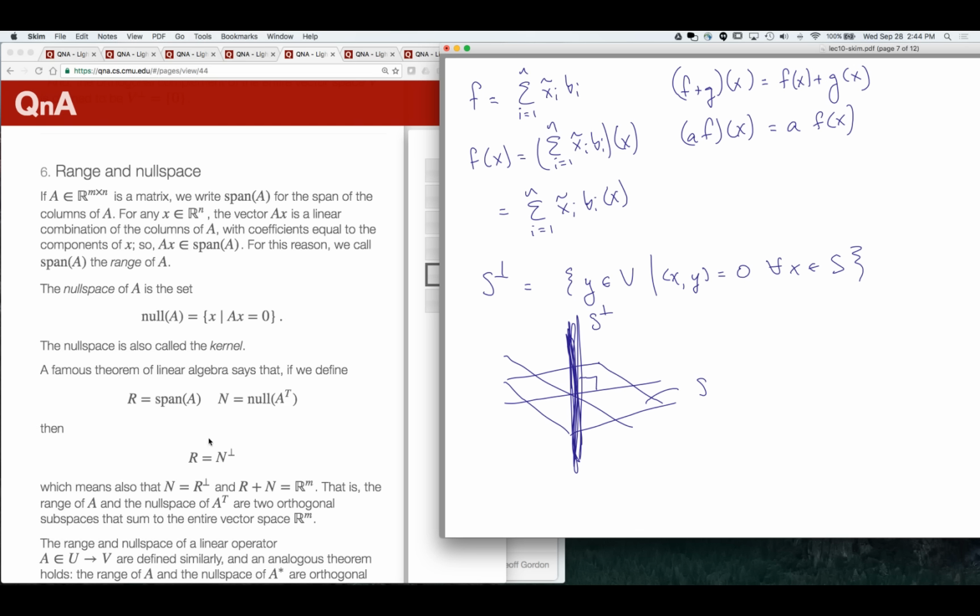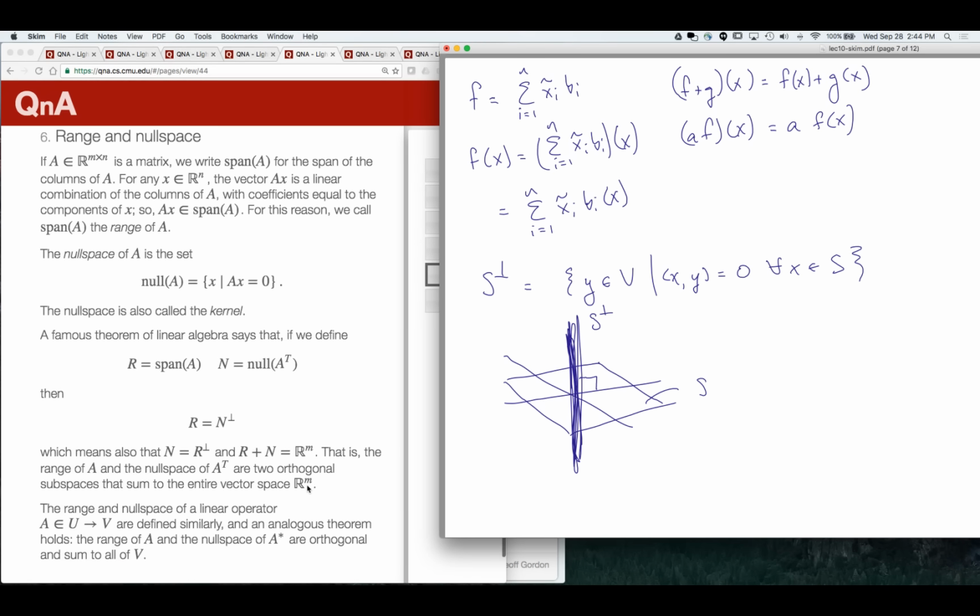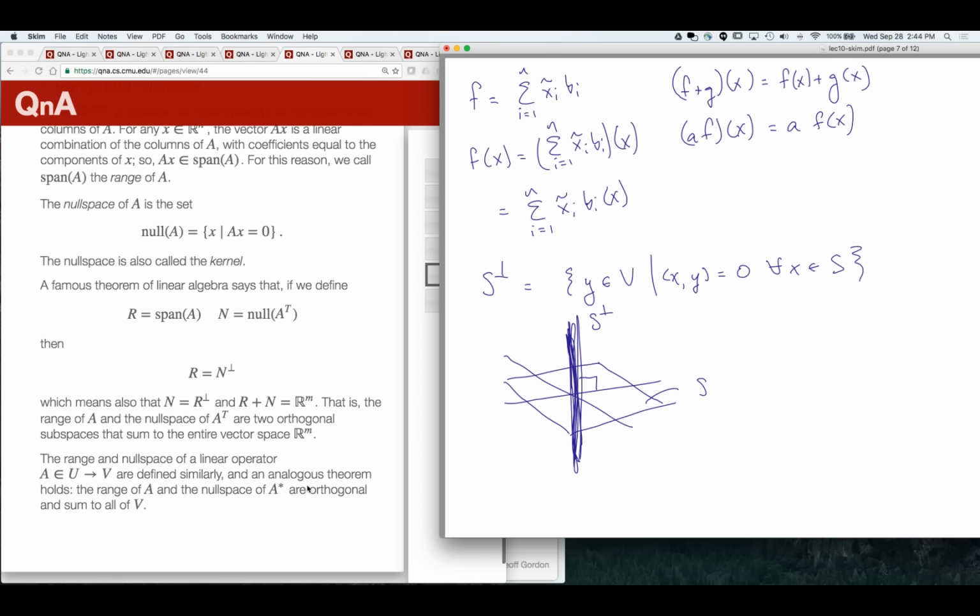Those spaces are important because they make a decomposition of the whole vector space into a sum of two orthogonal subspaces. So the range and the null space of the transpose are orthogonal to one another, and their sum is the entire vector space. This is sometimes called the fundamental theorem of linear algebra. And there's something equivalent for a linear operator.